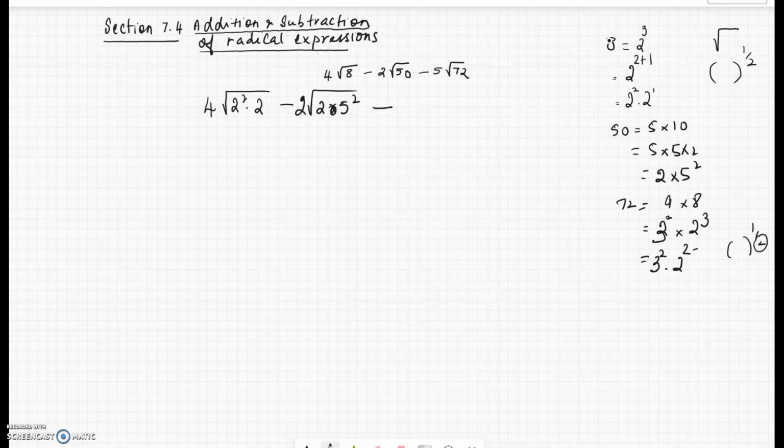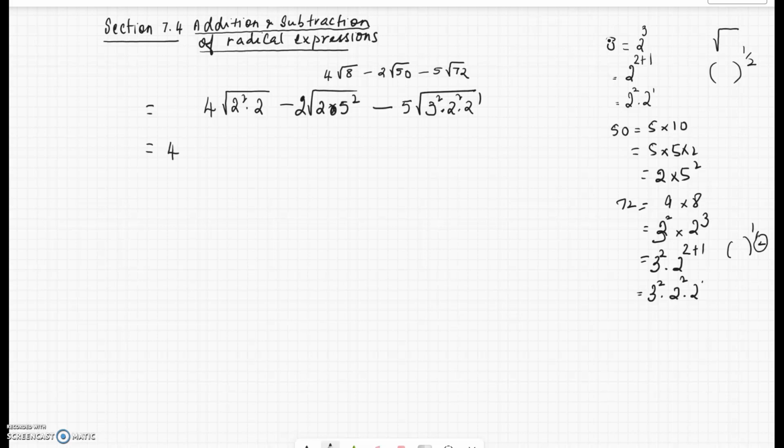And I'm going to write 3 as 2 plus 1. So that's 3 squared times 2 squared times 2 to the 1. So this is 5 and that is 3 squared times 2 squared times 2 to the 1. Now we are ready to break down the radical expression.